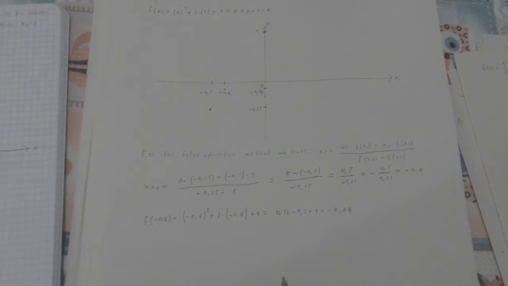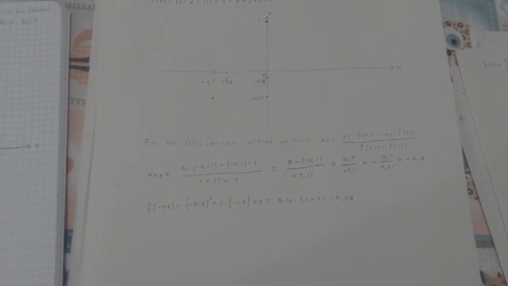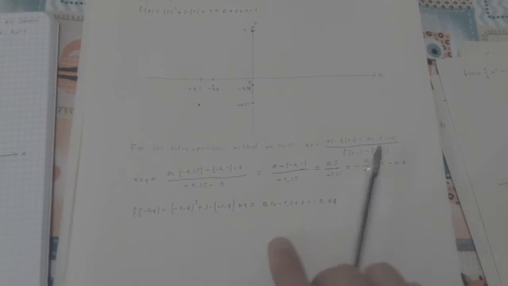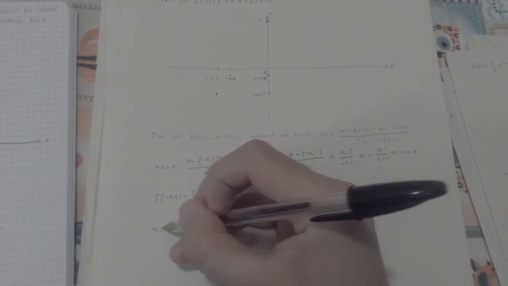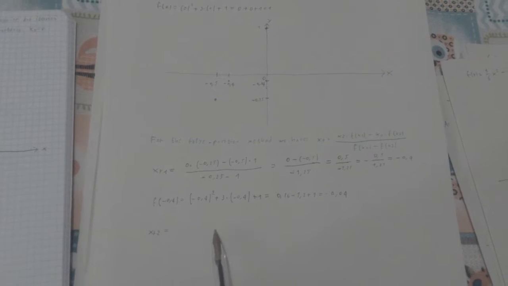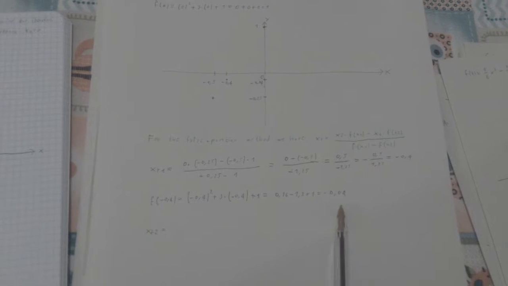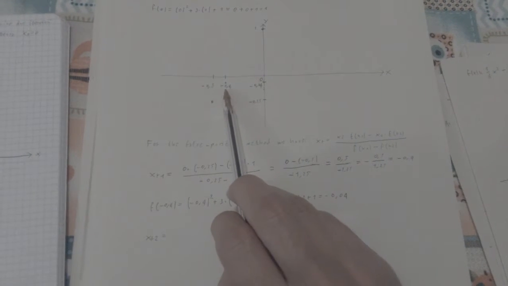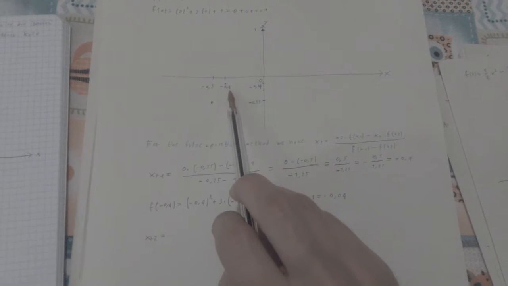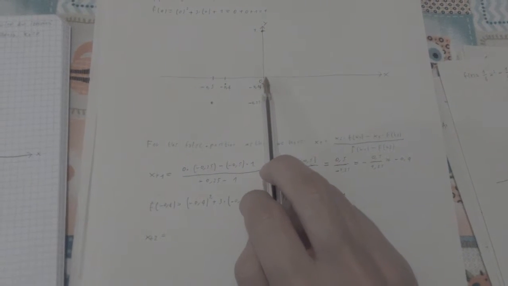I know you watched the other videos and you're going to say, okay, you're just going to get it closer. But no, this time I'm going to get the solution. So let's go on to xr2, and at this very try, we're going to get the solution. I'm going to use negative 0.4 as my x1 and 0 as my x2.